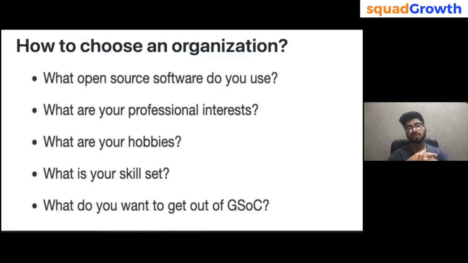If you are using some software already, it is a good thing to write in your proposal that you have been using their open source software for 1 or 2 years. It gives them a data point that you are very much interested in their organization, so you can make a good contribution. This is the most basic thing you should take care of.